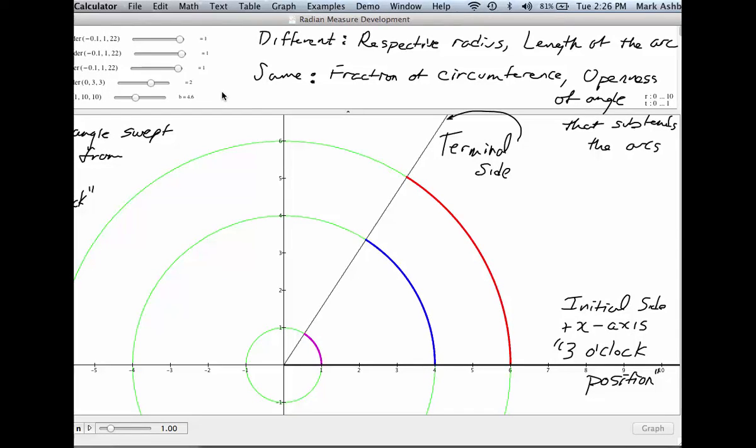And so, what arc length are we cutting off with the angle that I'm showing right here? We're cutting off an arc length of 1 radius length, right? In all 3 cases, that angle cuts off 1 radius length.